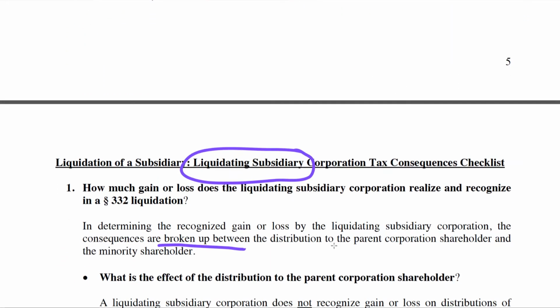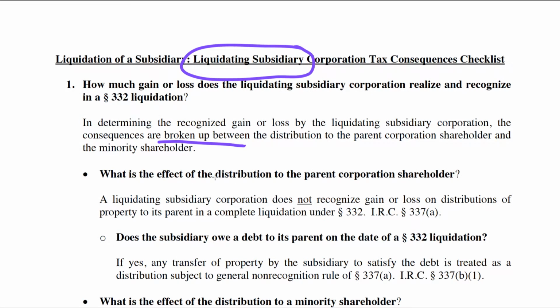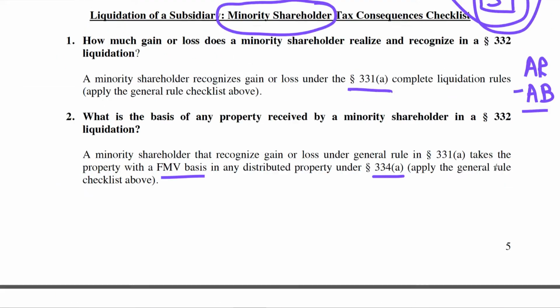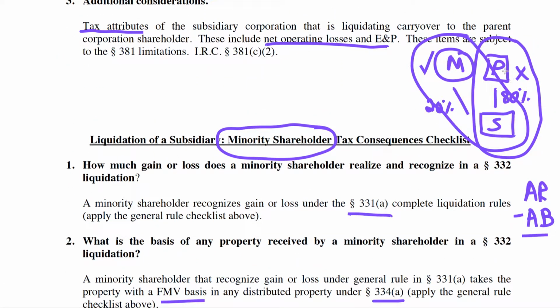So we have to break up the transaction. What's the effect of the complete liquidation distribution to the parent? That's going to be no gain or loss. If we have a transaction where the parent owns 100%, no gain or loss recognized to parent, no gain or loss recognized to subsidiary. But we don't have that. We have partial no gain or loss recognition, but then on this side we have gain or loss recognition.